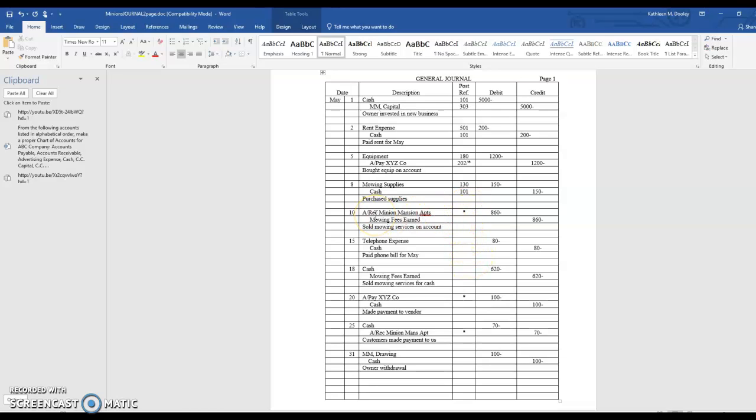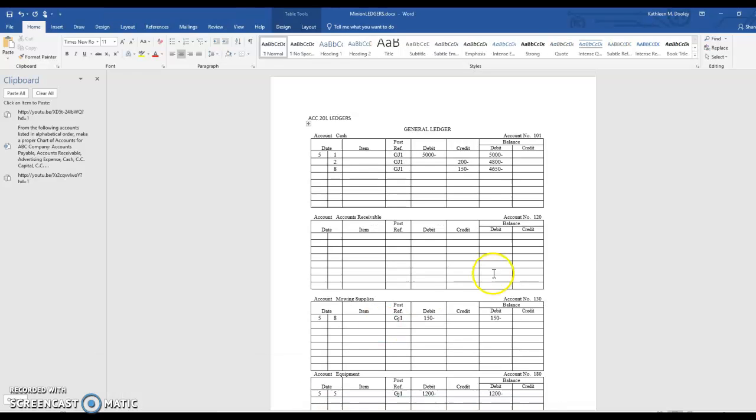Okay, here we have the Minion Mansion Apartments did get debited this $860 debit. That's why that asterisk is there, but we have yet to debit it to accounts receivable in the general ledger. So accounts receivable on the 10th needs an $860 debit. Accounts receivable, $860.